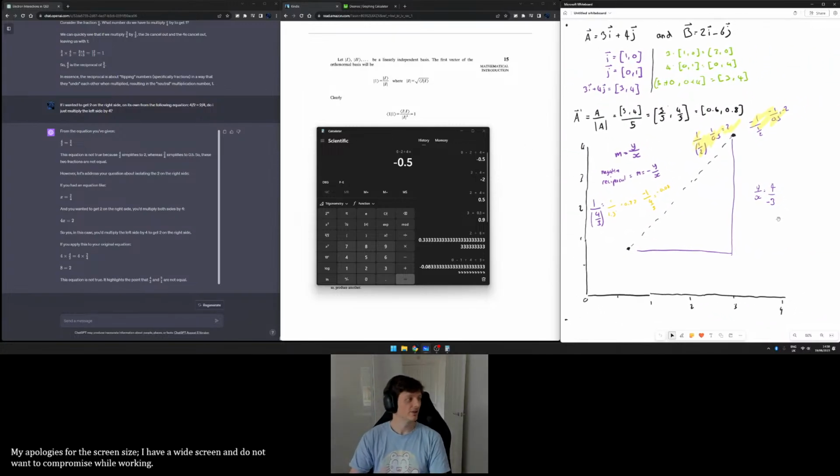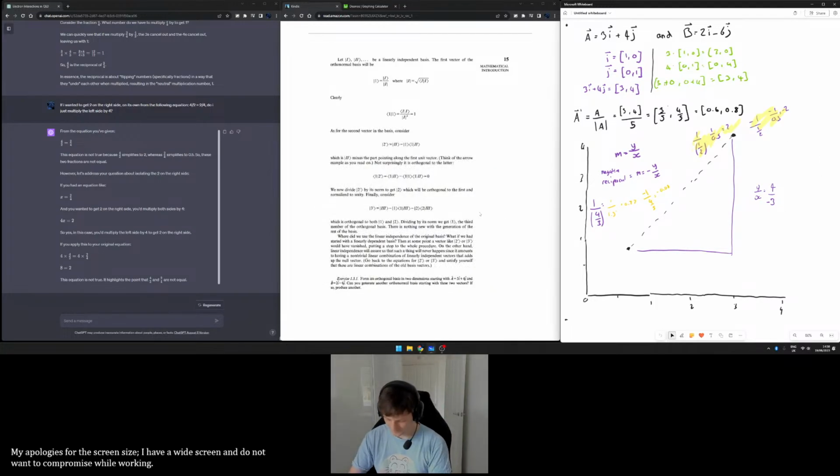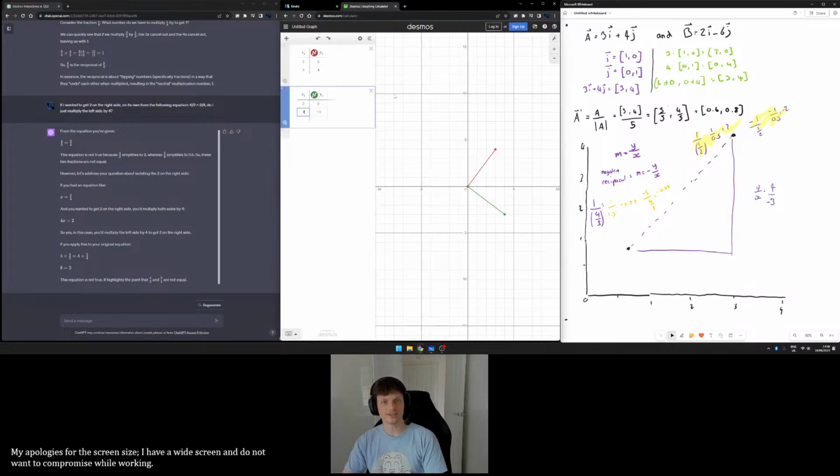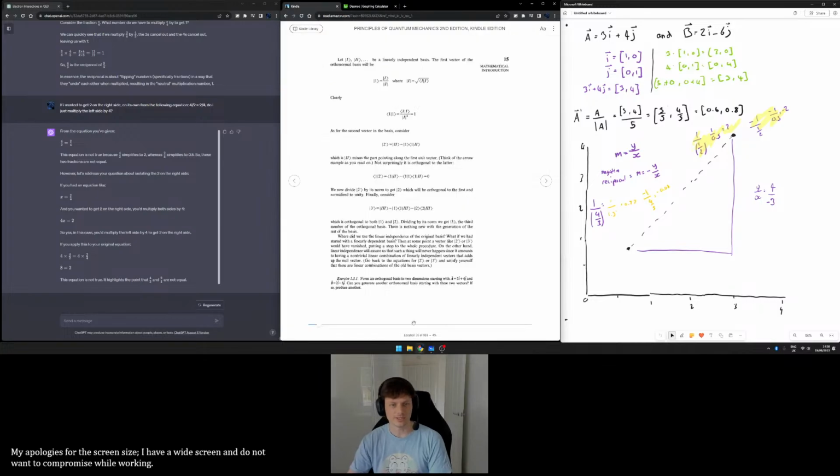Sorry about that, little intermission there. In this case we've already plotted it, so this is the orthogonal thing. The next one is: can you generate another orthonormal basis starting with these two vectors? If so, produce another.